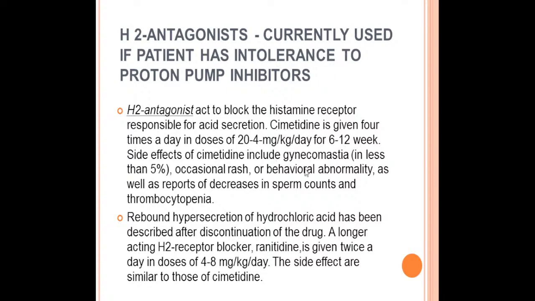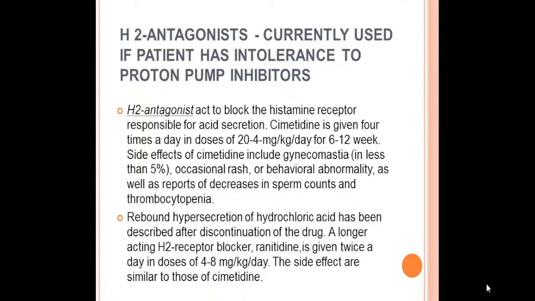Cimetidine is given 4 times a day in a dose of 24 mg per kg per day for 6-12 weeks. Side effects of cimetidine include gynecomastia in less than 5%, behavioral abnormality, as well as reports of decreases in sperm counts and thrombocytopenia.